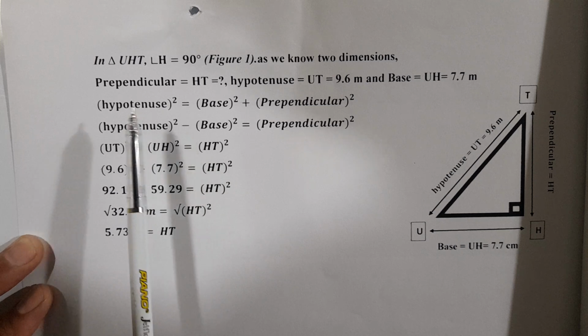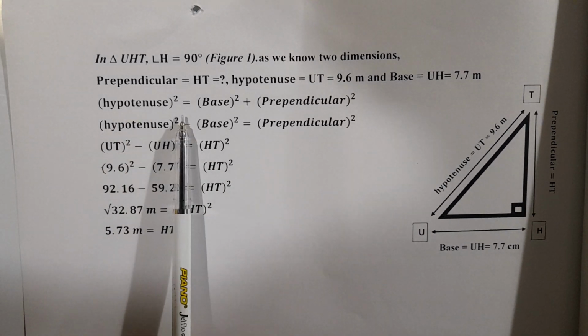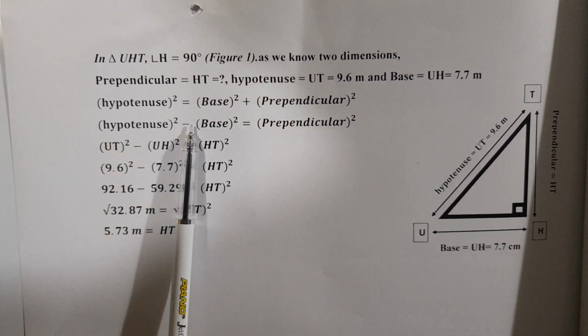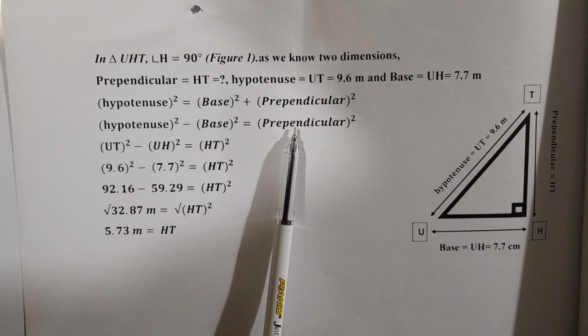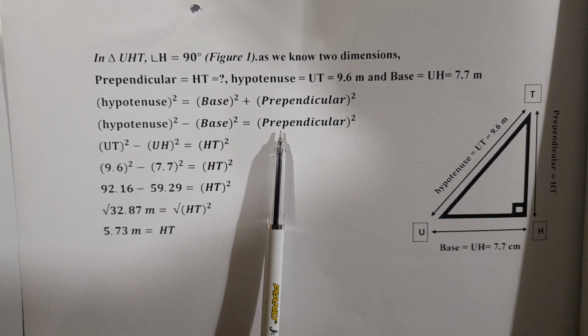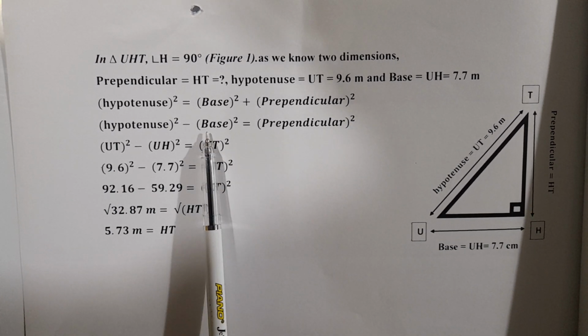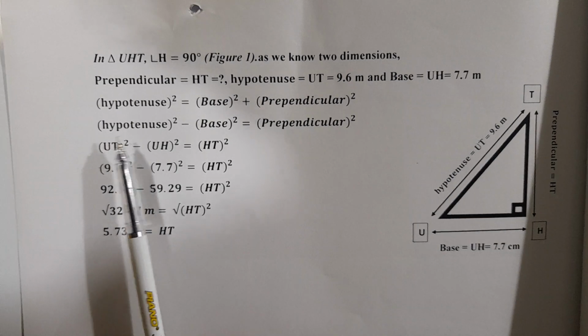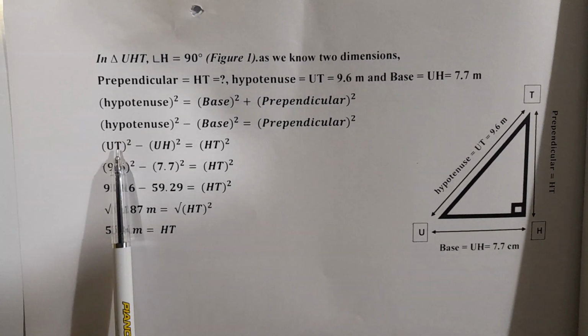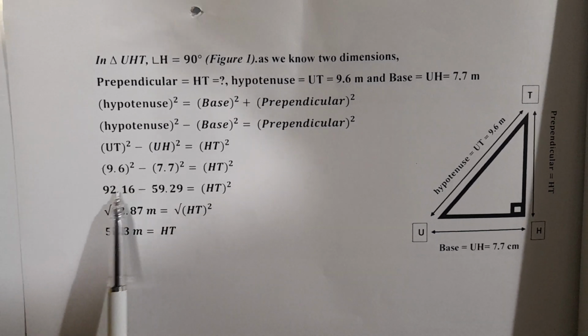We know the formula: hypotenuse square is equal to base square plus perpendicular square. So, hypotenuse square minus base square is equal to perpendicular square. We have to modify this formula as we have to find the length of perpendicular, so we will be moving the base to the left hand side of the equalizer. Hypotenuse is UT, so we will be writing UT 9.6 and squaring it.